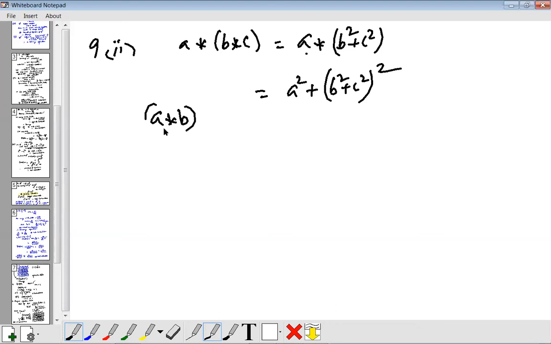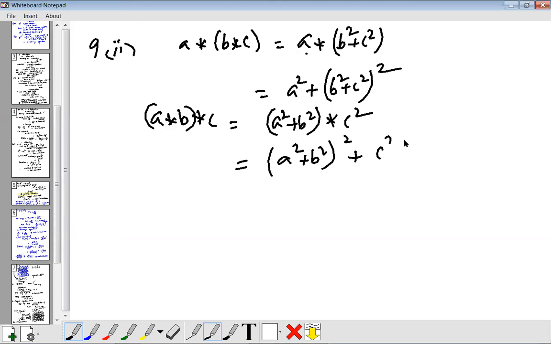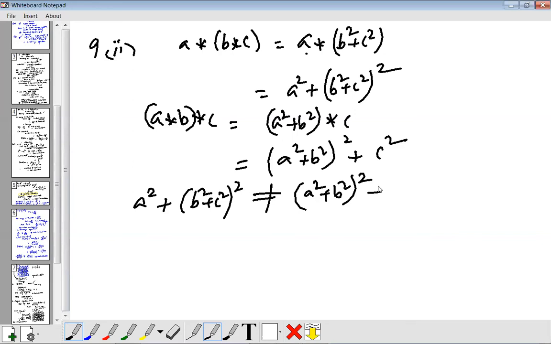Whereas A star B star C equals A squared plus B squared star C. That's equal to A squared plus B squared whole squared plus C. Sorry, this is not C squared, this is C. So the first one, A squared plus B squared plus C squared whole squared, is not equal to A squared plus B squared whole squared plus C, because you'll get C to the power of 4 here, you won't get C to the power of 4 here, right? Therefore, not associative.